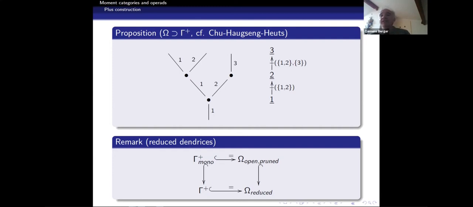I have defined these C-trees, abstract C-trees. And if you add a single condition to your hypermoment category, which I call extensionality, then you can define an abstract insertion of C-trees into vertices of C-trees. And this defines your Feynman category.